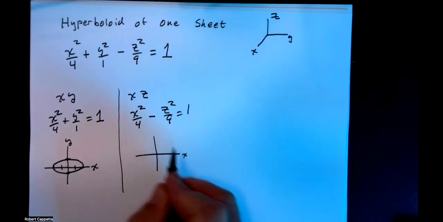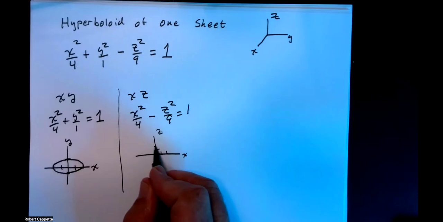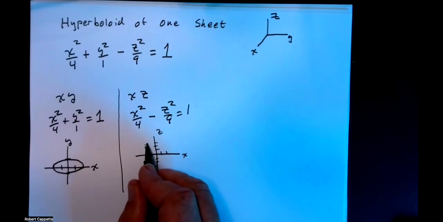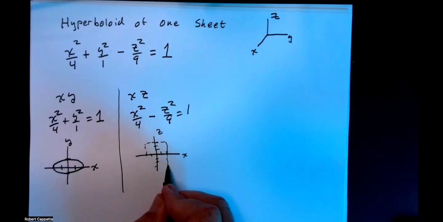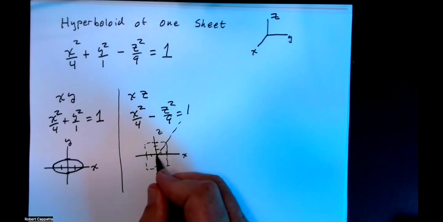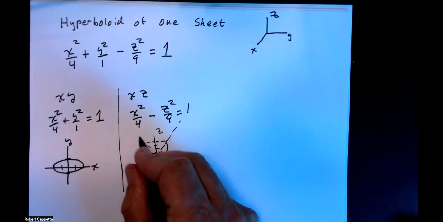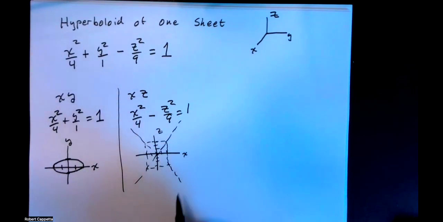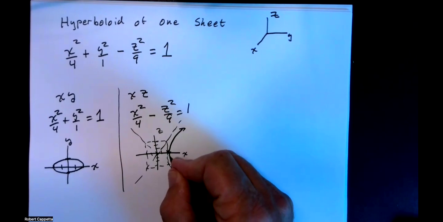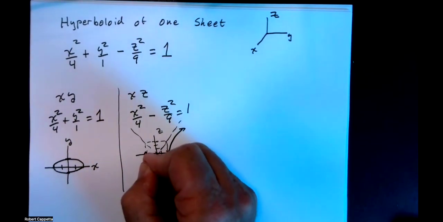So if this is x and this is z, x goes out to 2, z goes up to 3. And these are the asymptotes. And it comes out like that, comes out like that. And x comes first, so the hyperbola is going to look like this in that direction.